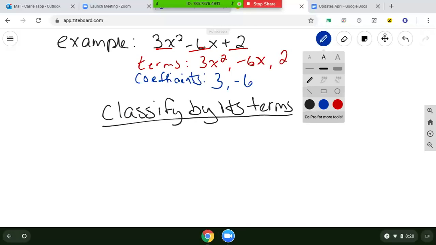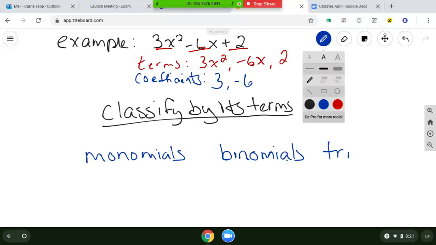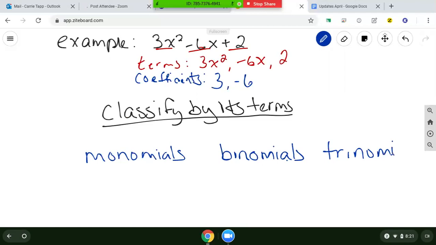So we're going to look at three different classifications. We're going to look at monomials, binomials, and trinomials. All right.